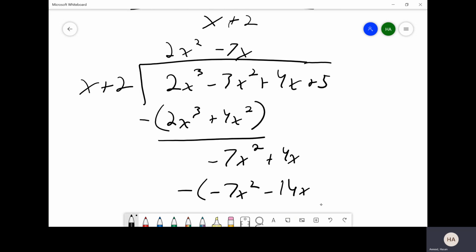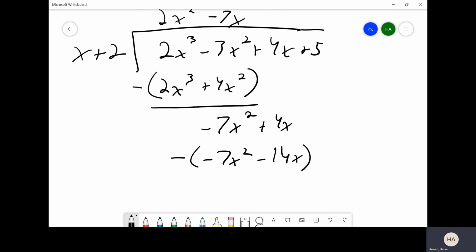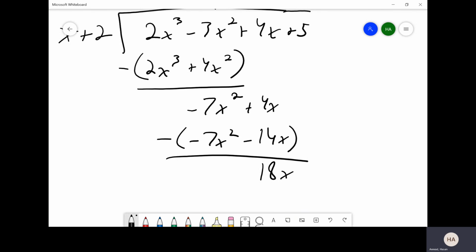Now we subtract the whole thing, which means the signs are going to flip for those pieces. So negative 7x squared plus 7x squared cancels out. That's by design. And we have 4x plus 14x, which gives me 18x here. We bring down our last piece, which is the plus 5.